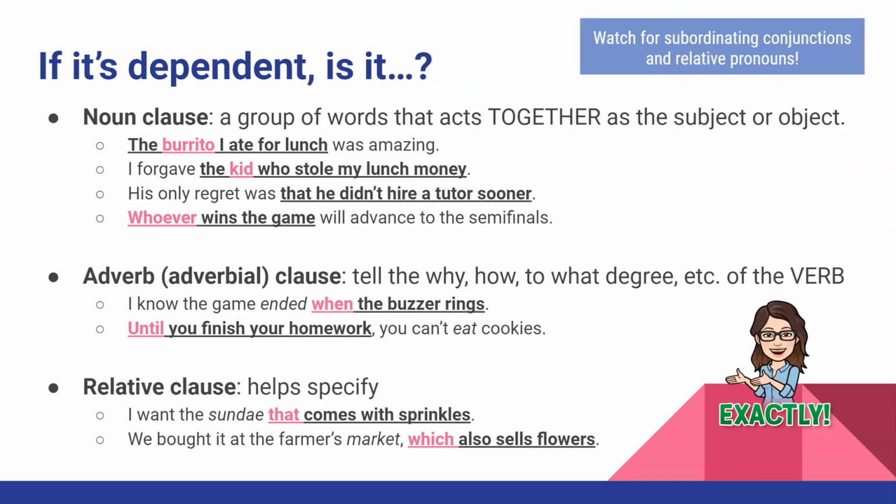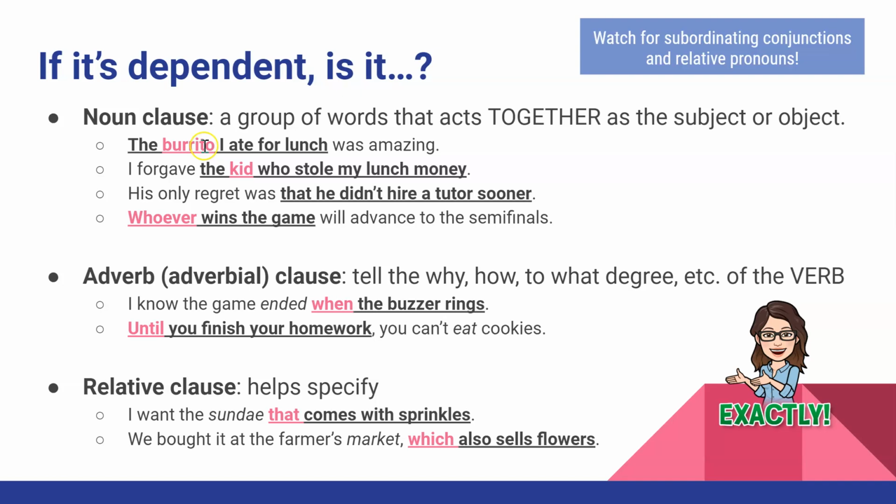Now, in the world of dependent clauses, okay, fragments, there are three main kinds we're going to think about today. Before I get into these three kinds, I want you to stay on the lookout for subordinating conjunctions, aka those AWUBIS words, and relative pronouns, again, who, whom, that, which, etc. The first one's a noun clause, a group of words that act together as the subject or object of the sentence.